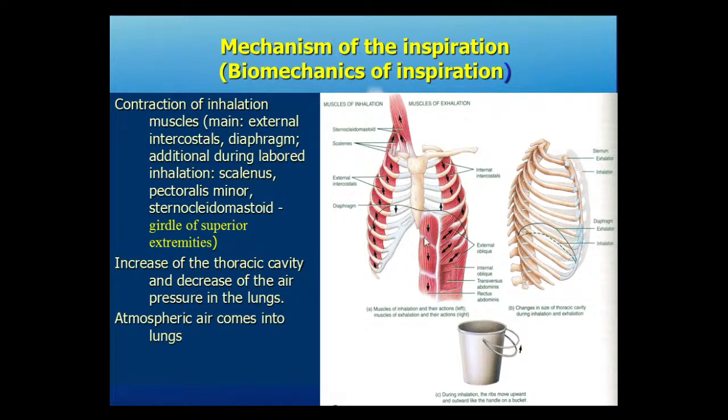And due to these differences created by this contraction, we have an increase of the thoracic cavity and decrease of the air pressure in the lungs, and atmospheric air comes into the lungs.